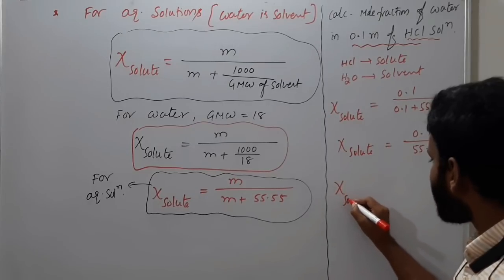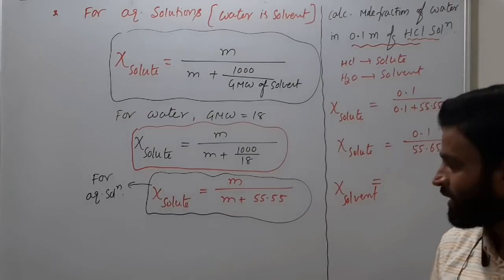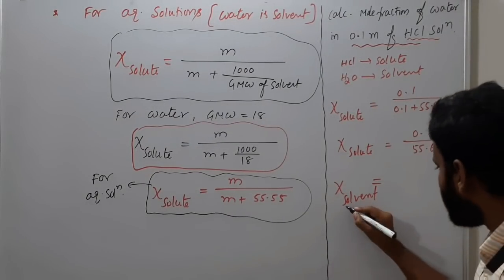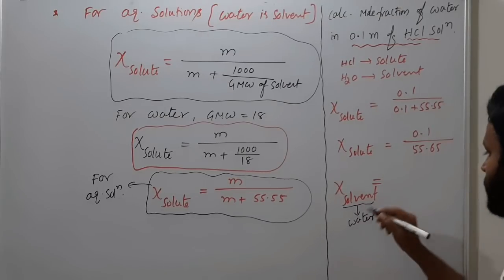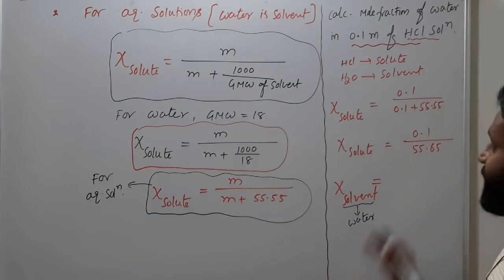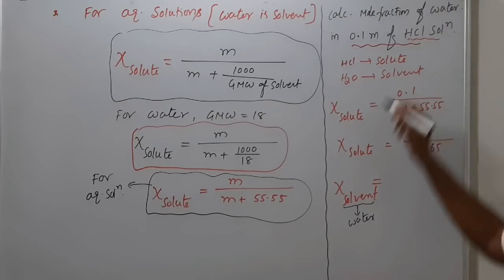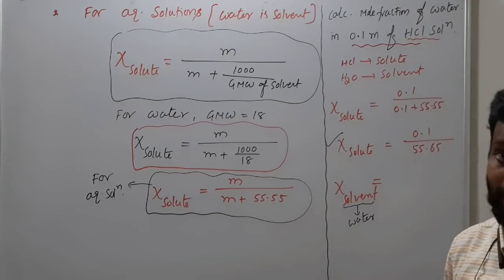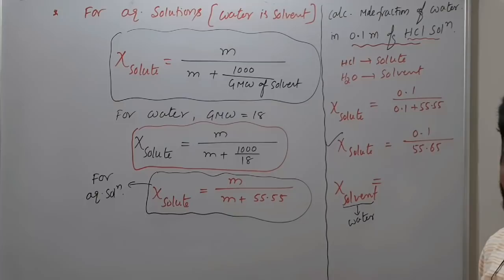But they are asking the mole fraction of water, because water is the solvent. So who is the solvent here? Water. So mole fraction of solvent, very important. You will not solve till here and say the answer. No. If mole fraction of HCl were asked, then this answer is correct. But mole fraction of water is asked in 0.1 m HCl solution.